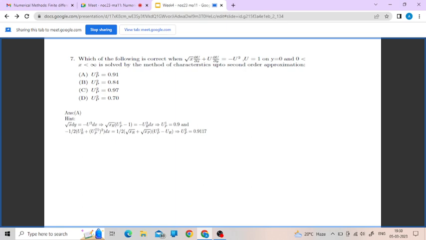So after getting this, that is root xr (up1 minus 1) equals minus ur square dx, this will imply up1 as 0.9. Are you getting up1 as 0.9?